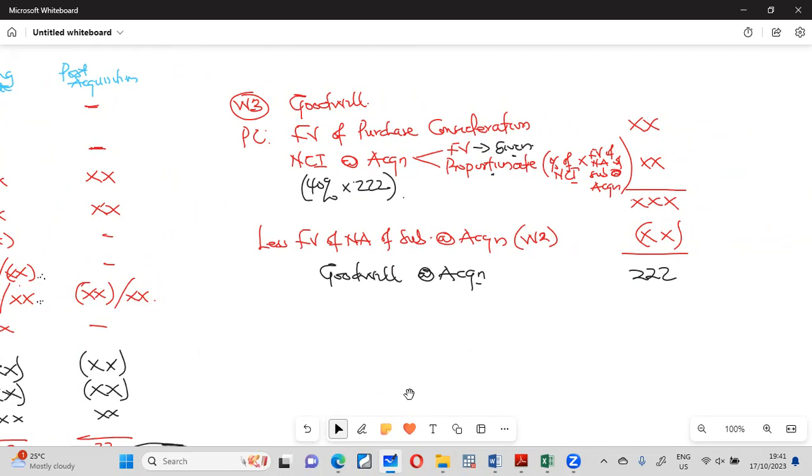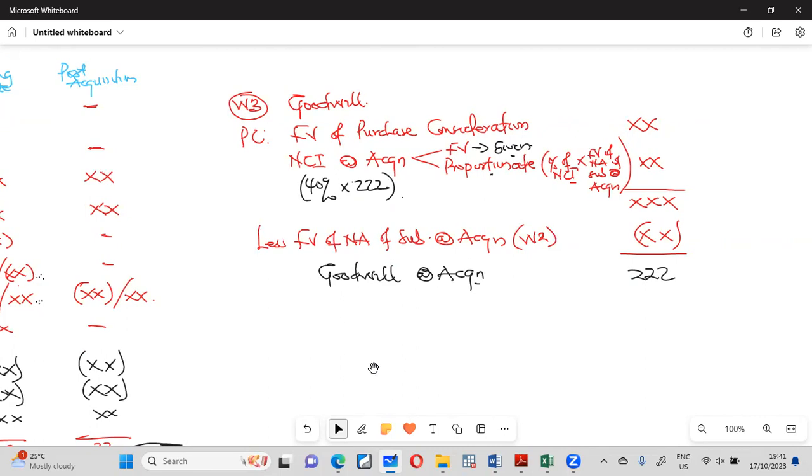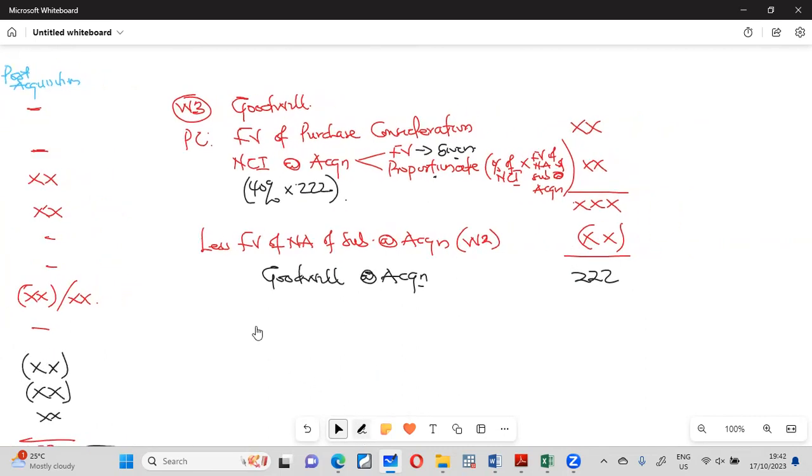Now, depending on whether it is proportionate method or not, goodwill is tested for impairment. Remember when we were doing IAS 36, which was impairment, I told you that there are 3 conditions why you should by force test for impairment.